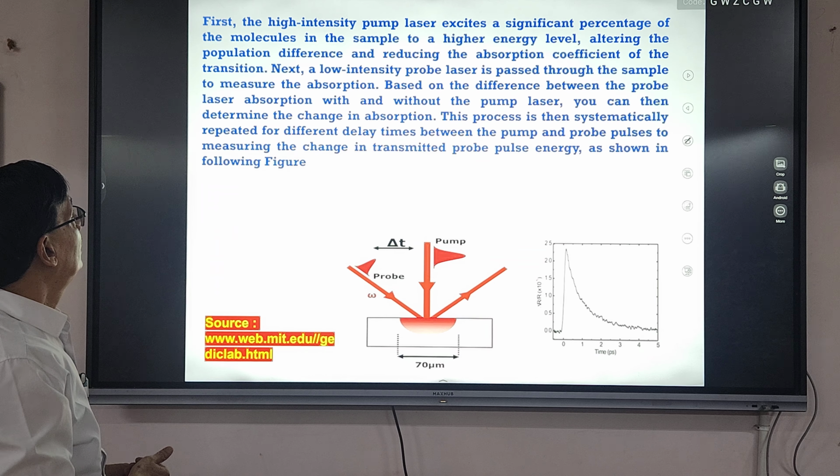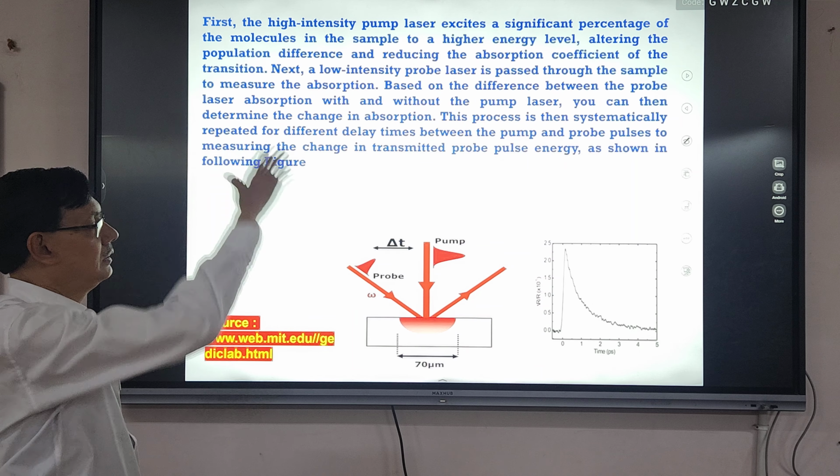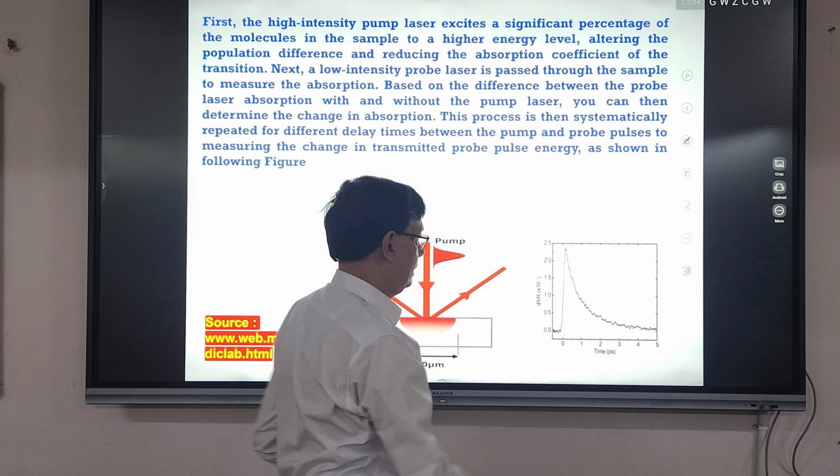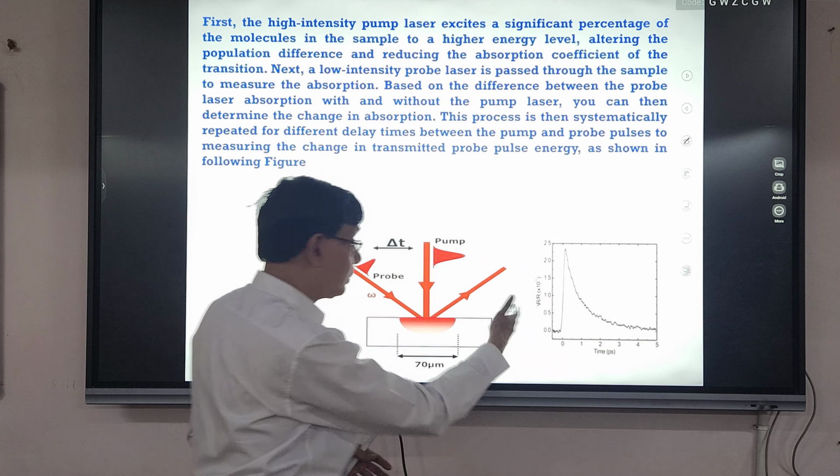Based on the difference between the probe and pump, this difference, the tau value or T. This process is then systematically repeated for different delay times between the pump and probe, because once it is excited and then goes from the excited level to another level, we monitor this type of transient species with respect to time, in picoseconds. So that is the basic idea.